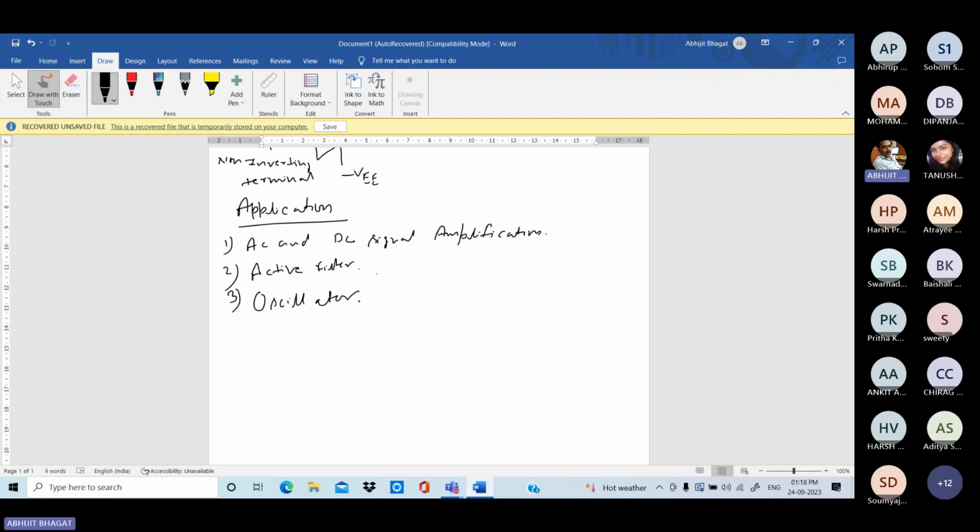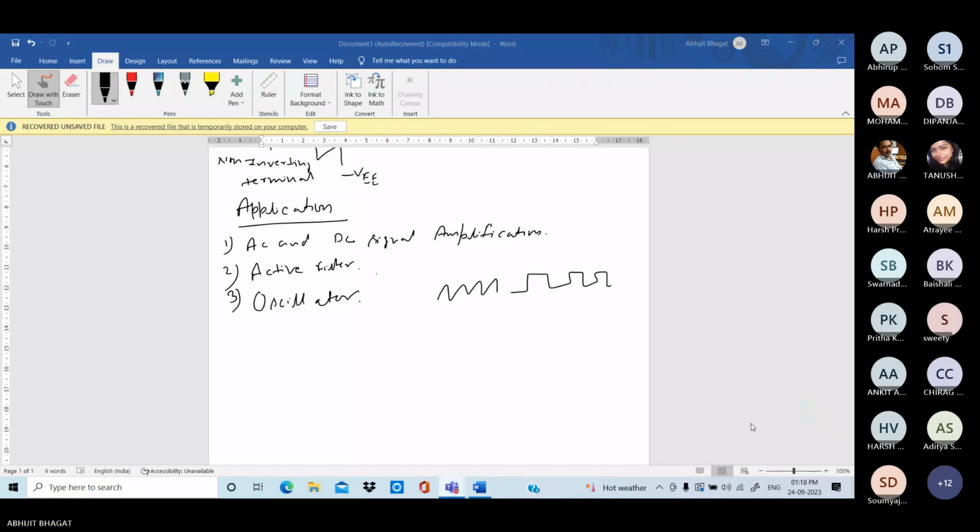So by using the op-amp, you can design the oscillator circuit, meaning across the output of the oscillator you get these types of oscillation signals, continuously from minus infinity to plus infinity. This type of wave is the oscillation. This type of circuit can be designed by using the op-amp.